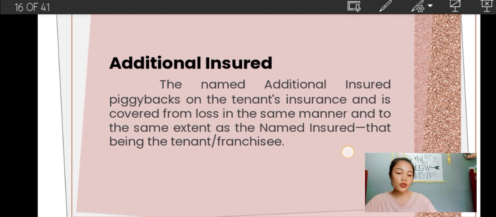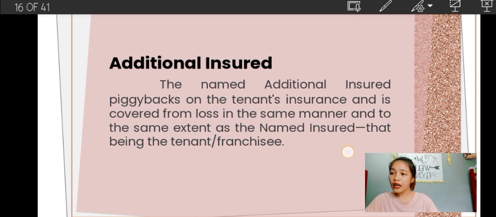So additional insured piggybacks on the tenant's insurance and is covered from loss in the same manner and to the same extent as the named insured, that being the tenant or franchisee.